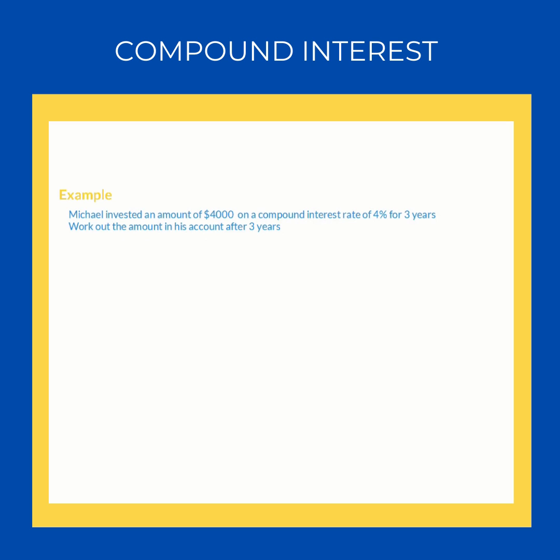So directly I write down my formula, which is A equals P times (1 plus R over 100) to the power of N, which is equal to $4,000 times (1 plus R, here R is 4, so 4 over 100) to the power of N, which is 3.